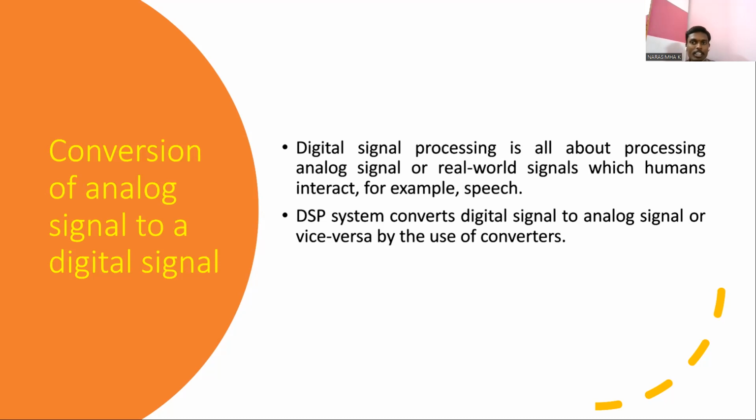Digital signal processing is all about processing analog signals or real world signals with which humans interact, for example speech. A DSP, digital signal processing system, converts digital signals to analog signals or vice versa by the use of converters. For example, speech conversion. In WhatsApp, there is an option to speak without typing.